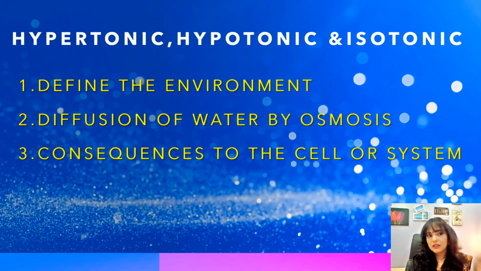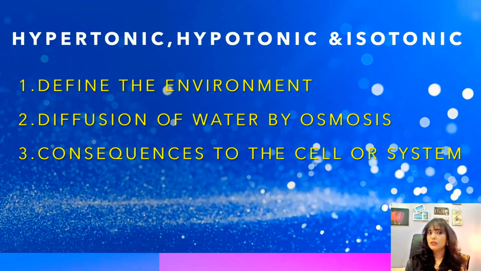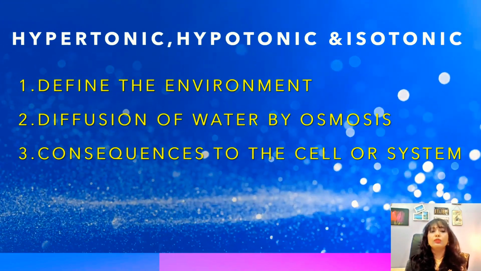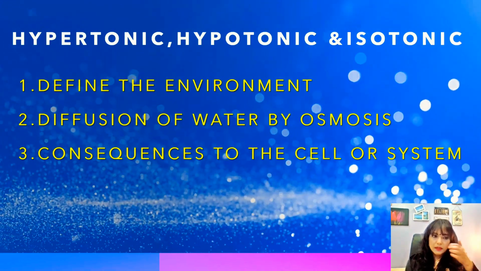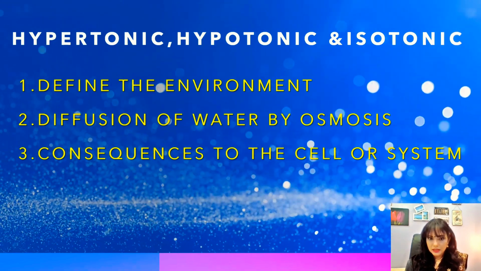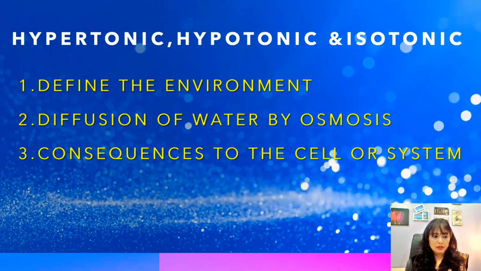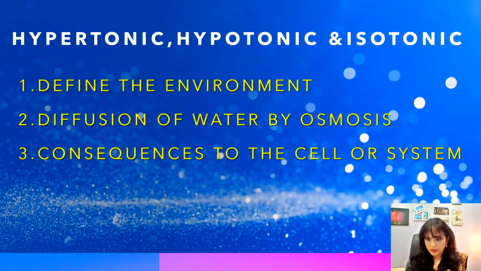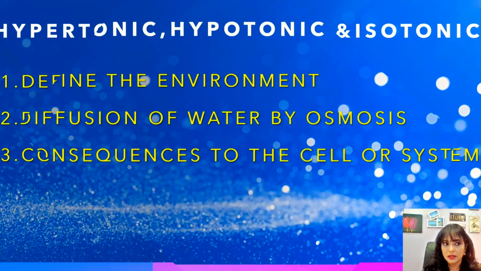First, you must define the environment. Second, you need to explain the diffusion of water by osmosis, where is the direction and so on. Third, you need to explain the consequences to the cell or the system once this osmosis has taken place. That will never change. We are going to stick to that script.